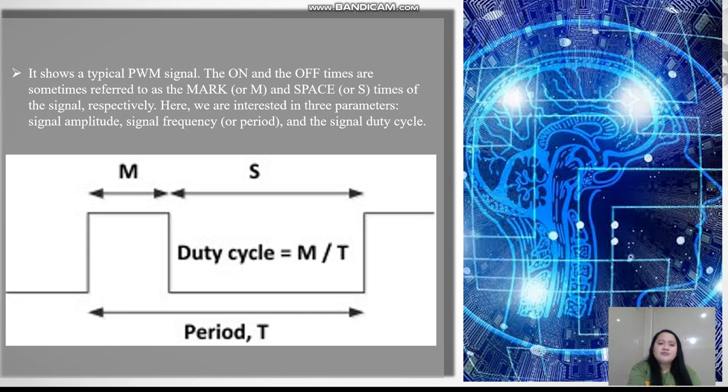So this figure shows the PWM signal. The on-off times are sometimes referred as the mark or the M, the space as the S here in the picture, times of the signal, respectively. Where we are interested in three parameters: signal amplitude, signal frequency, and the signal duty cycle.